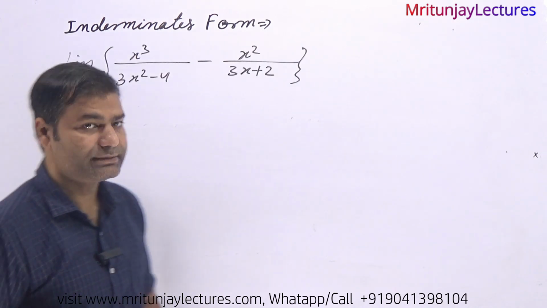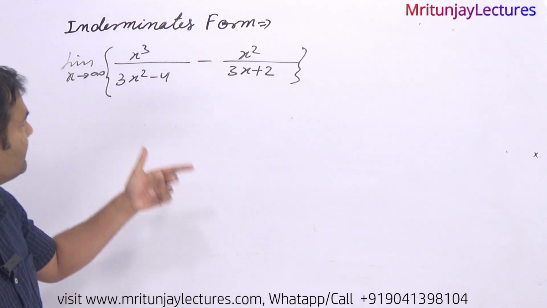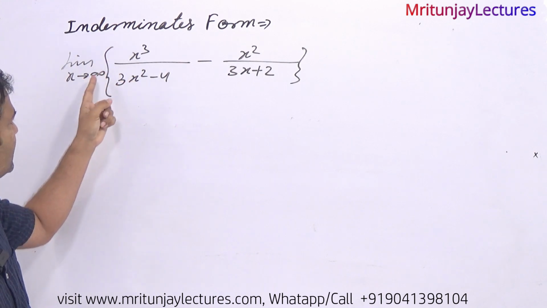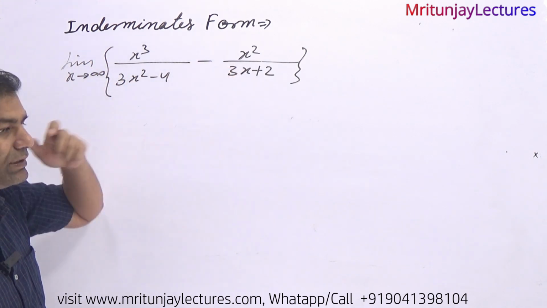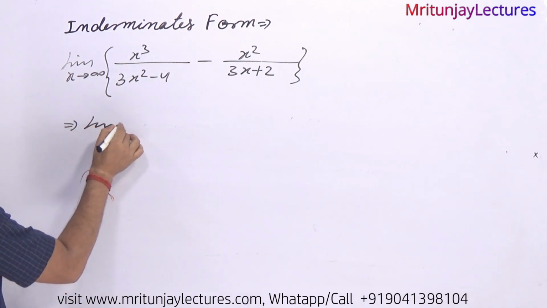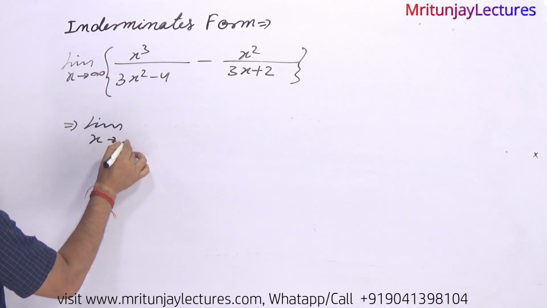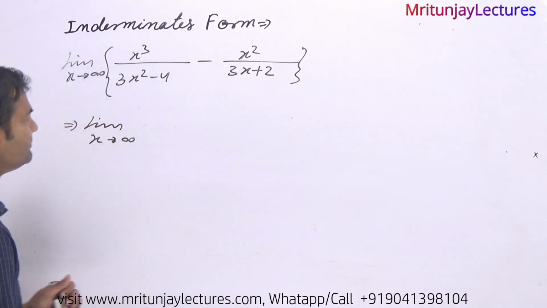Now our next target is this question. If x tends to infinity, this one is infinity, and this one is also infinity. So you can say it is an infinity minus infinity type of problem. It means indeterminate. So how can we solve it?